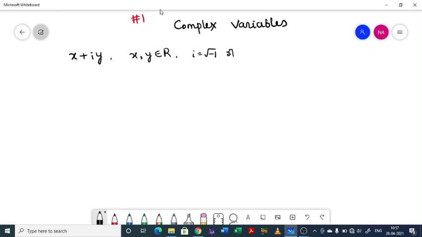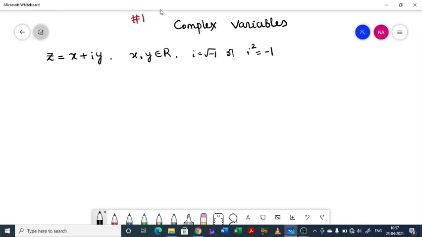This you can equivalently write as i square equal to minus 1. So a number of this form is called a complex number. Generally we denote this by z. So z equal to x plus iy, where x and y are real numbers, is called a complex number, where i represents square root of minus 1. So this is about the definition of complex numbers.